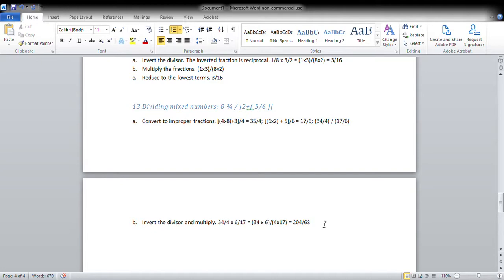But how many times will 68 go into 204? 204 divided by 68 equals exactly 3. I'm really surprised there's no remainder. So the ultimate answer is 3.